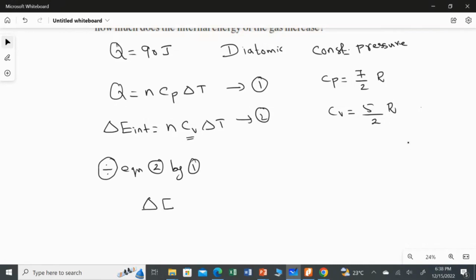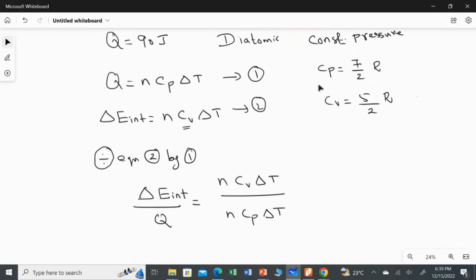So I'm going to divide the left hand side: change in internal energy over Q is equal to, on the right hand side, nCv delta T over nCp delta T, right? And I'm going to substitute the values of Cp and Cv here.